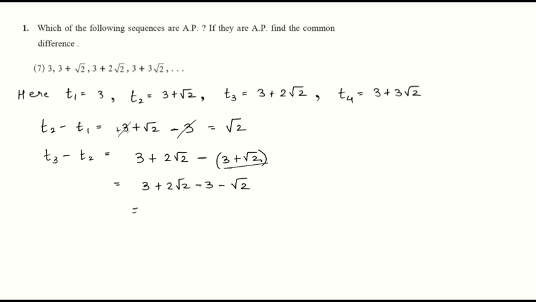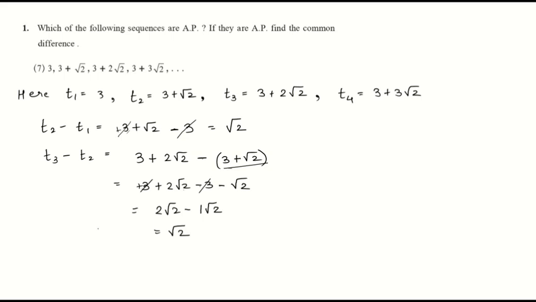So on solving this, plus 3 and minus 3 will get cancelled. Now we have 2 root 2 minus root 2. This is not only root 2 but it is 1 root 2. So 2 minus 1 is 1, and 2 root 2 minus 1 root 2 we will get as single root 2.